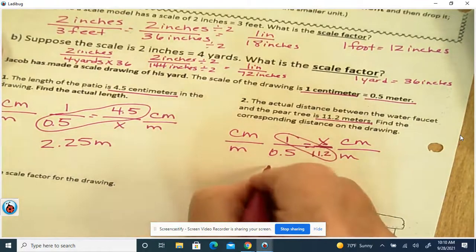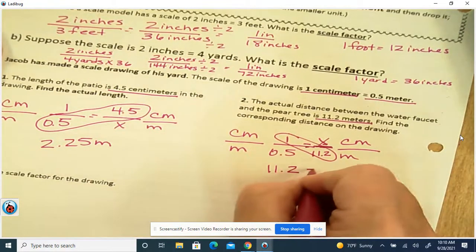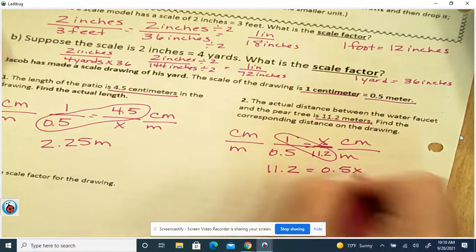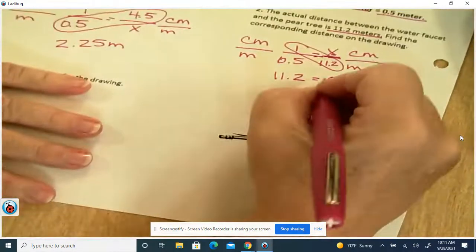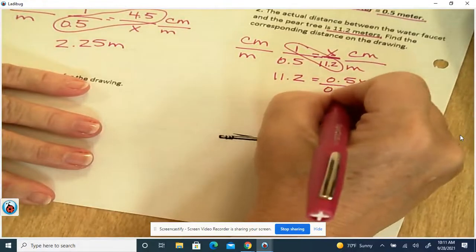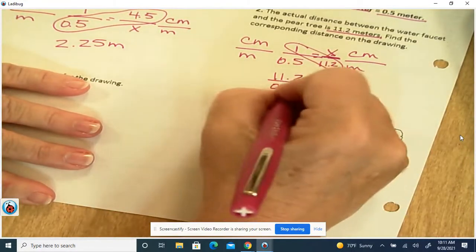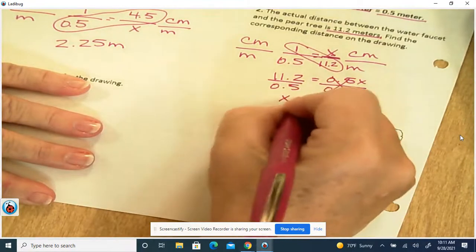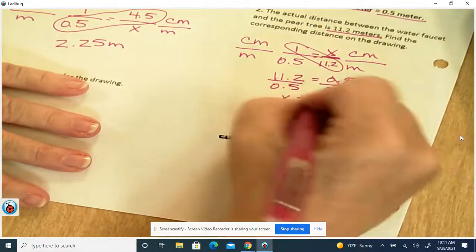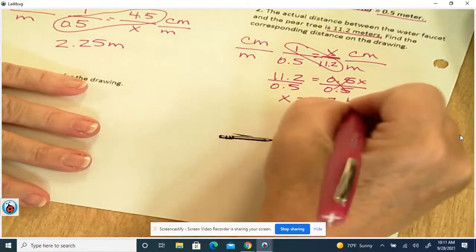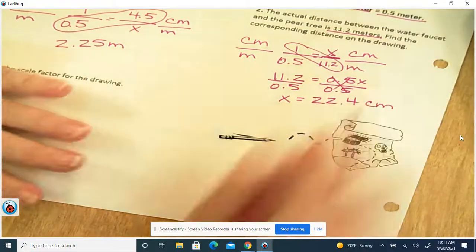Here you have a number other than 1, so you do have to divide. 0.5x, it's a one-step equation. We want x by itself, so we're going to divide by 0.5. And 11.2 divided by 0.5 is 22.4 centimeters.